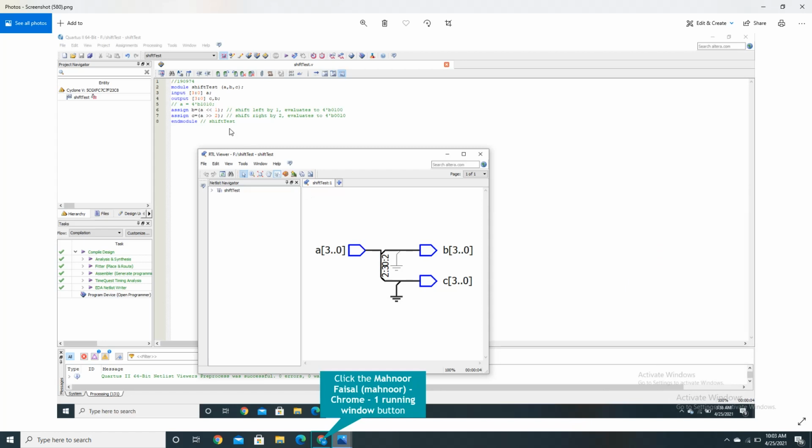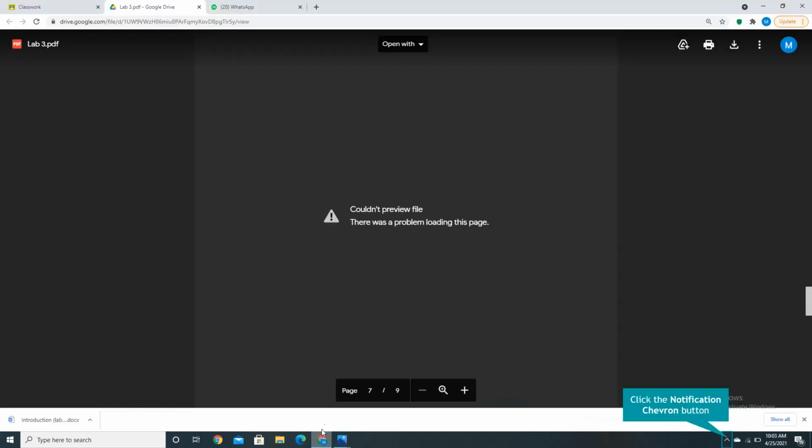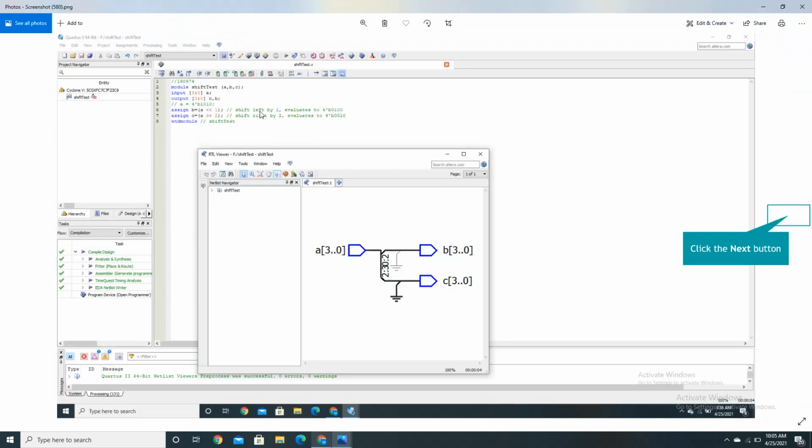This is the circuit that we would be taking as shift left. After this, we would be implementing the shift functions over here.